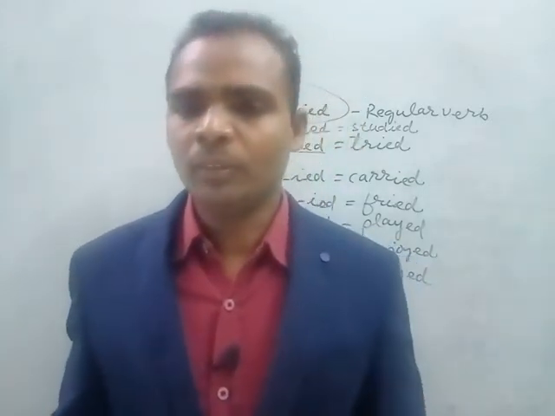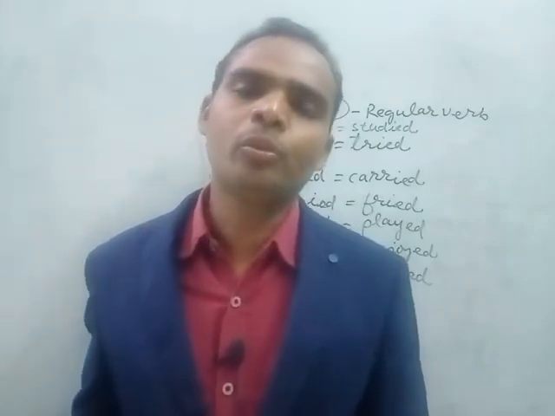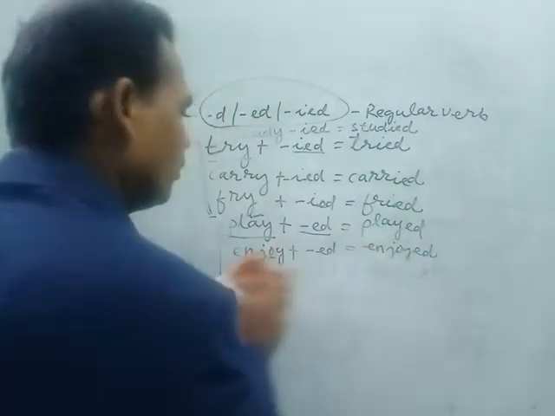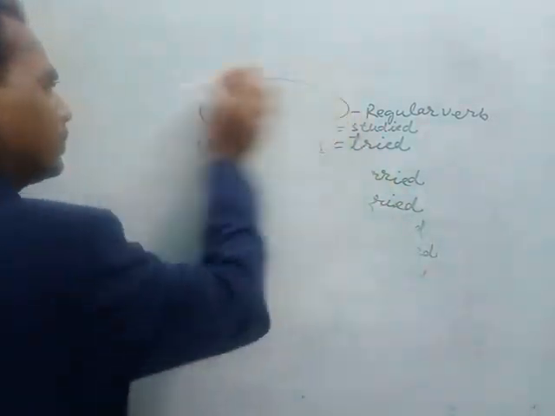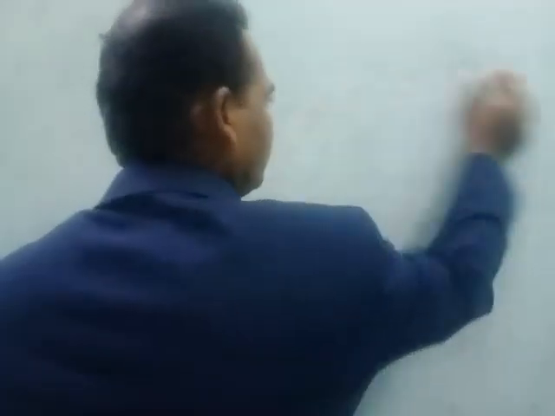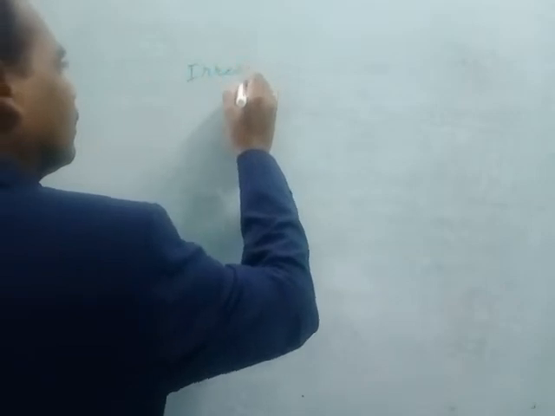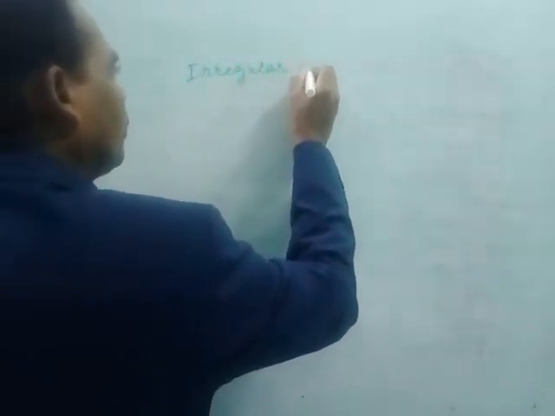Now I am giving some more examples. I am writing on the board so that you know the 3 forms of the verbs. Irregular verbs, with examples. These are the irregular verbs.